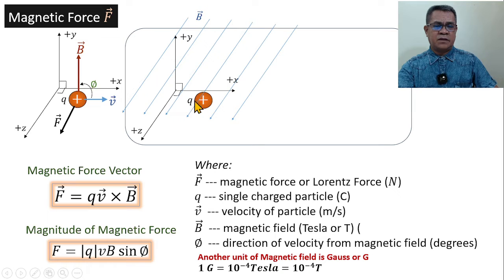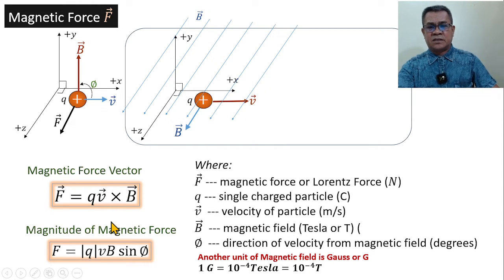Now, remember that if this charge is stationary, then there is no force. So the requirement of having force on the charge is that it should have velocity at that instant. So therefore, this charge experiences the same magnetic field given by the surroundings. So at that point, the magnetic field is B. And suppose this charge travels towards positive x.